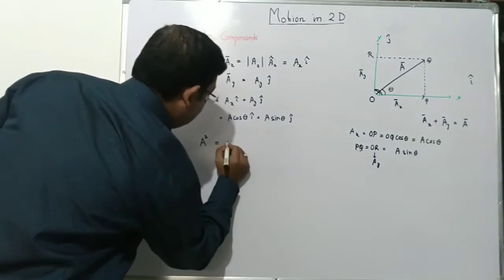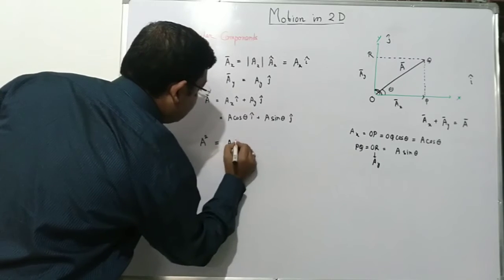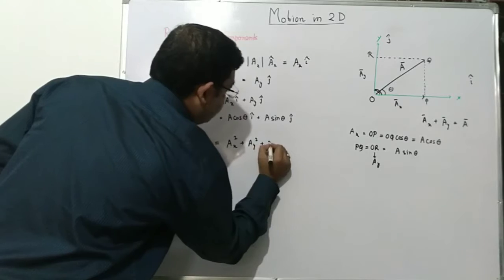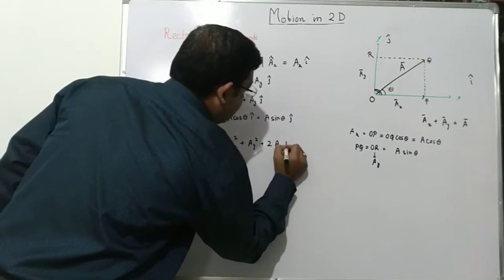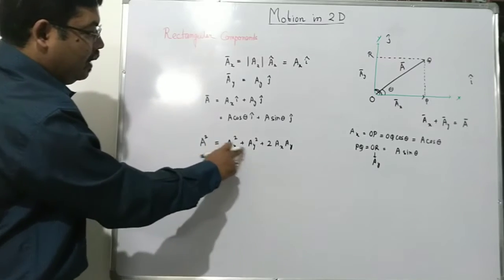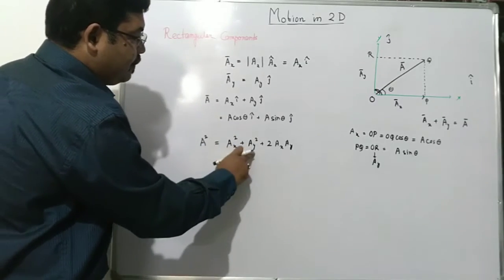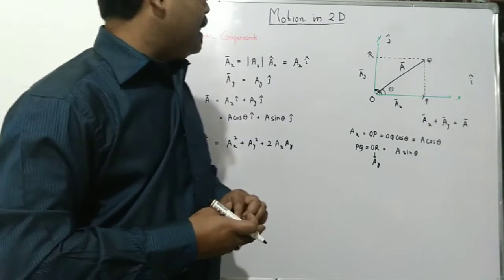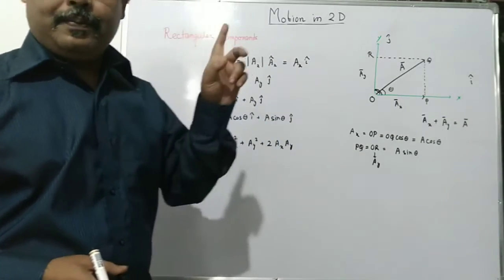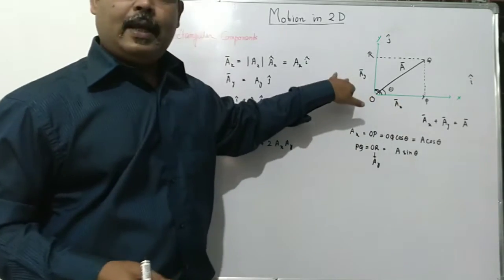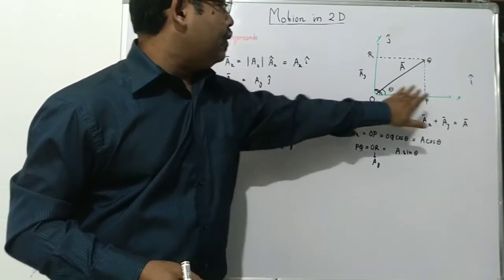This will be AX squared plus AY squared plus 2 AX AY cos theta. Just consider AX as a and AY as b. So a squared plus b squared plus 2ab cosine theta. Now theta is the angle between the given vectors, remember, vector a and b. In this case, vector a is AX and vector b is AY.